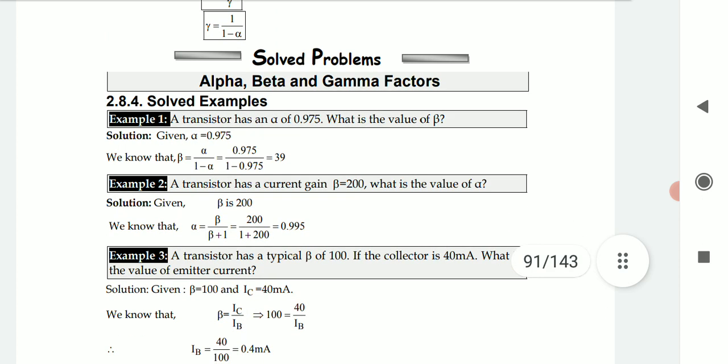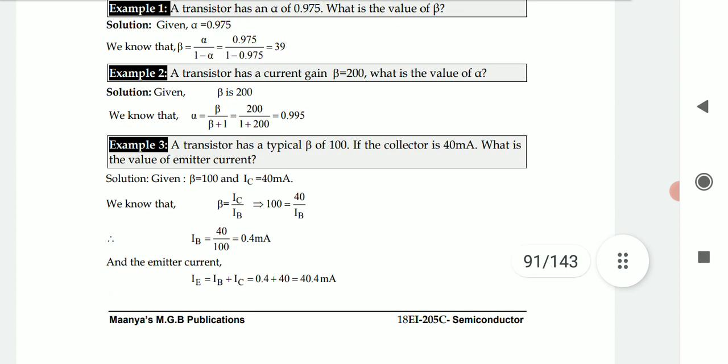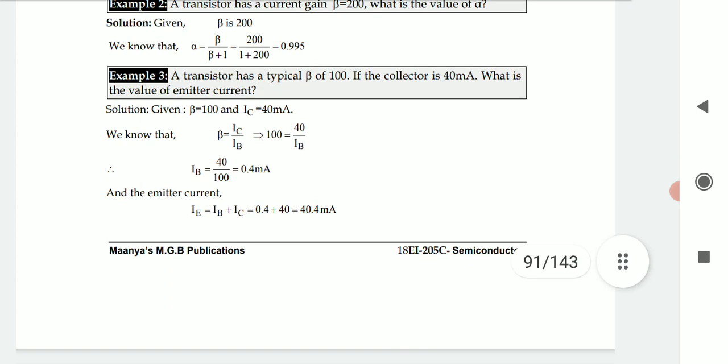In the first example, alpha value is given, and we are asked to find the beta value. We have the direct equation beta is equal to alpha by 1 minus alpha. Substitute the alpha value, and you will get beta value as 39. Next, beta value is given, asked to find alpha value. Alpha is equal to beta by 1 plus beta, from which you can find the alpha value. Similarly, the beta value is given and IC also is given, asked to find IB value.